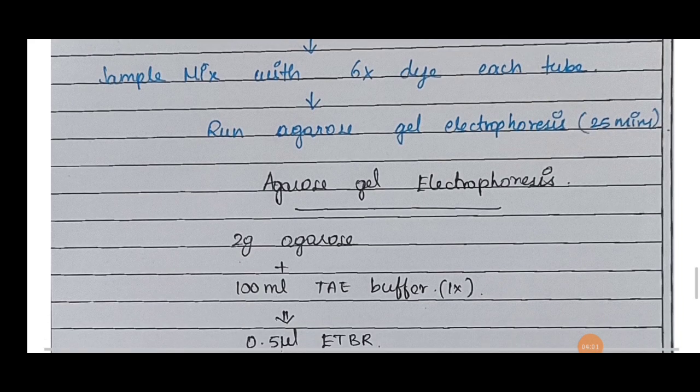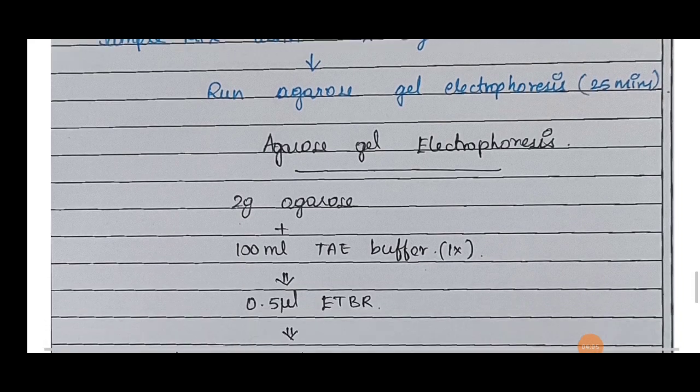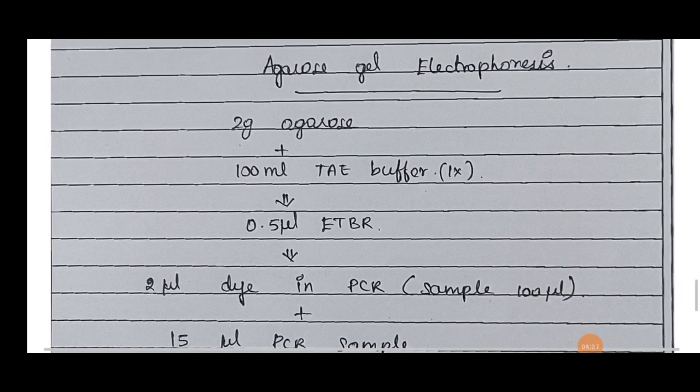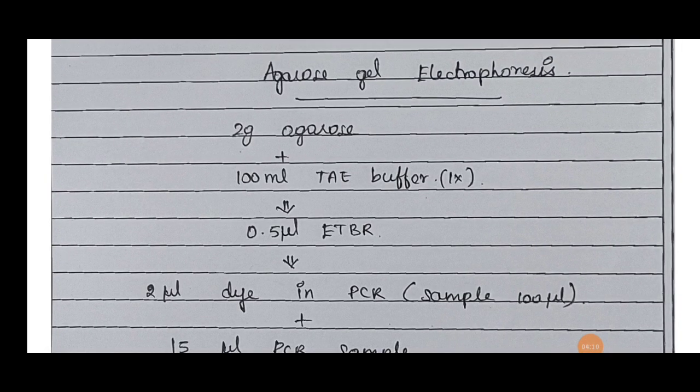Okay, then we have to run agarose gel electrophoresis for 25 minutes. For this agarose gel electrophoresis, there are some steps. We have to take 2% agarose, that means 2 gram agarose in 100 ml TAE buffer. We do not dissolve in distilled water, we have to dissolve in TAE buffer, that will be 1x concentration.